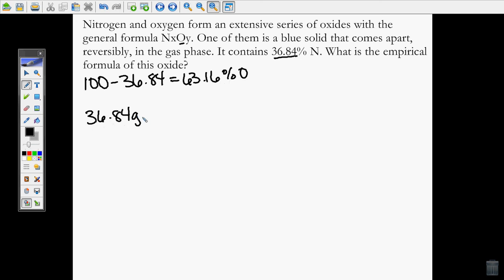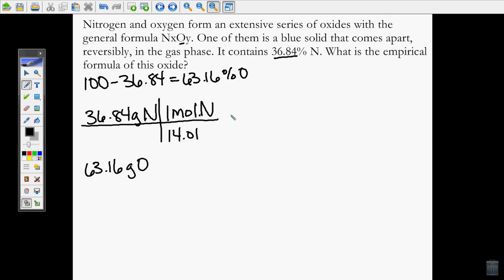Okay, then I just assume I have 100 grams. So I've got that many grams of nitrogen, this many grams of oxygen. So then I'm going to convert both of these to moles. So 1 mole of nitrogen, I've got 14.01 grams. That gives me 2.63 moles of nitrogen.